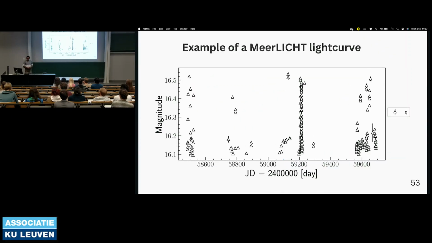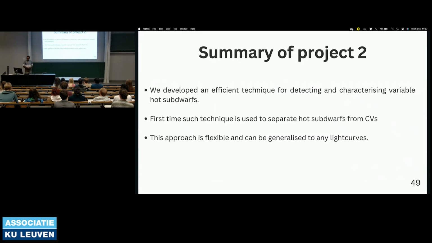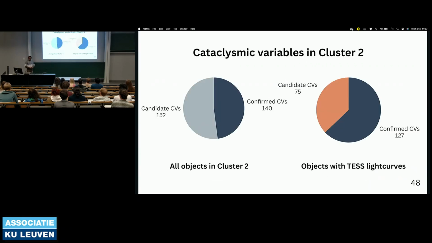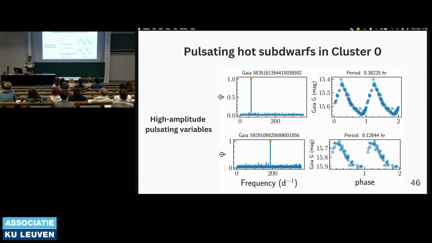Yeah, so in this project, we plan to find many pulsating variables, and so far we have only found 2 objects. In the future, if we extend this, the main goal of my project is to understand the pulsating hot subdwarfs and to use asteroseismology to understand the instability strips, because some subdwarfs pulsate and some don't.